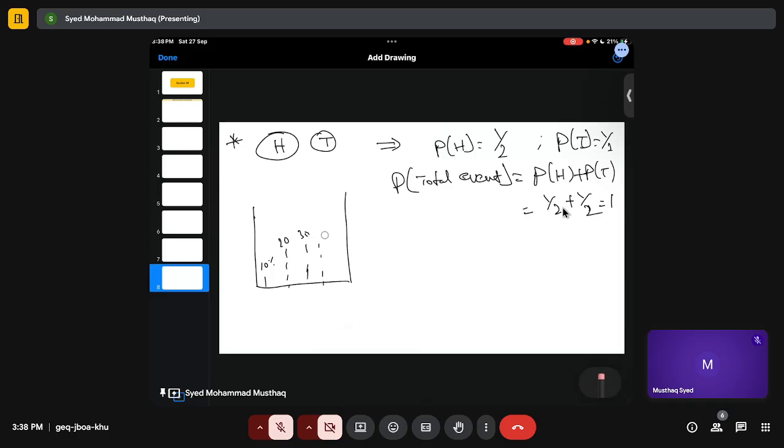So it may be 15, and here 25, so 60 and 3. So when I add all these probabilities, it should be equal to 1.